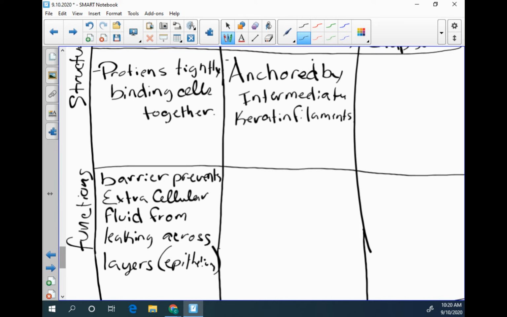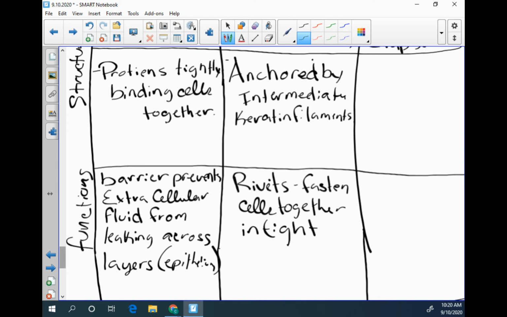Functionally, they act as rivets that fasten cells together in tight sheets.